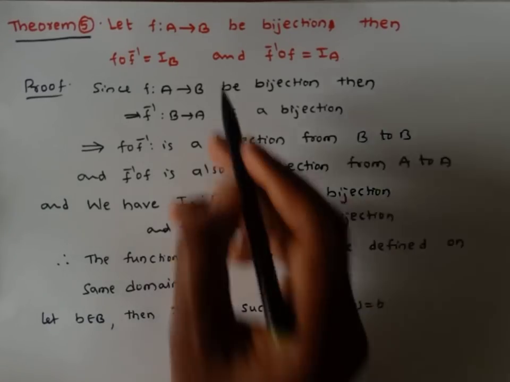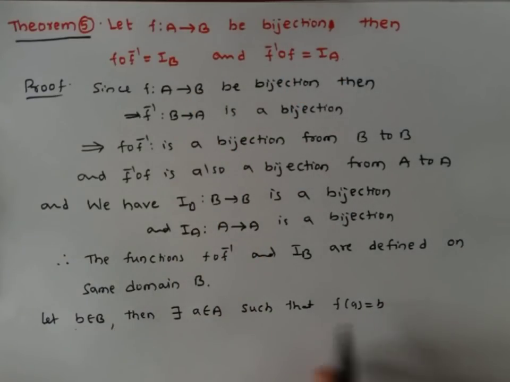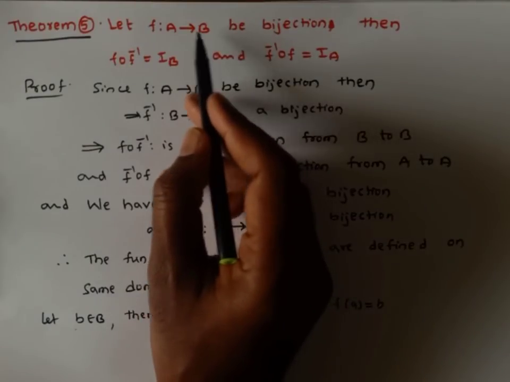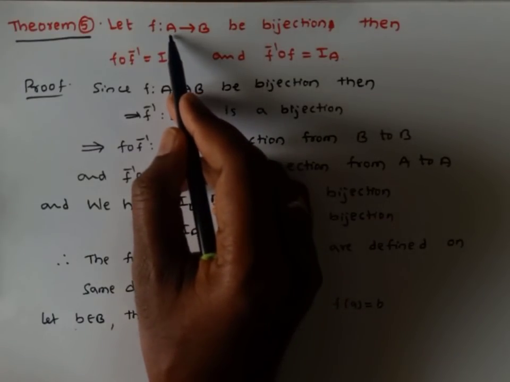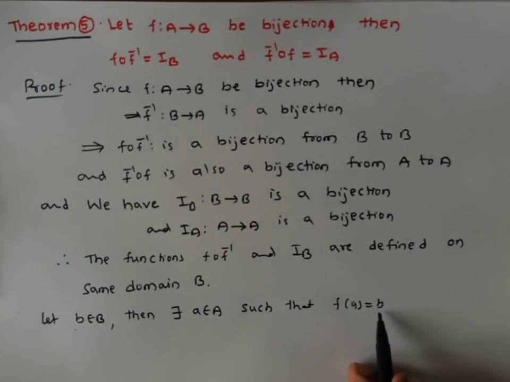Since f is a bijection, it means f is a surjection, so I wrote the surjection definition here: for each b belonging to B, there exists an element a belonging to A such that f of a is equal to b. Now, f of a equal to b means f inverse of b is a, right? f inverse of b is a. We call it the inverse image.